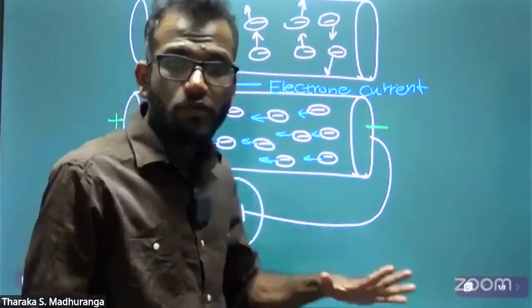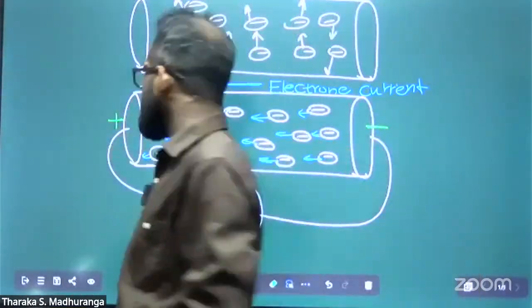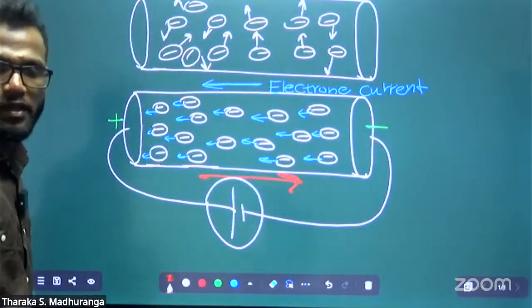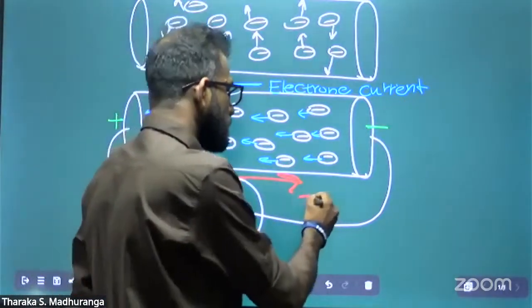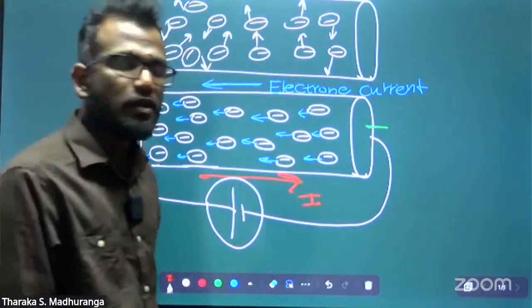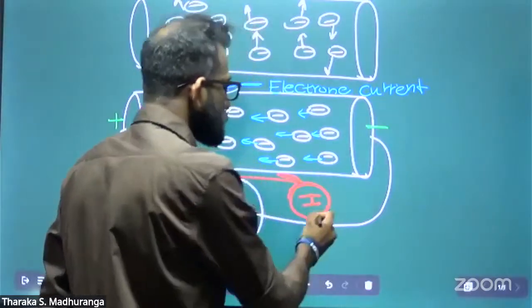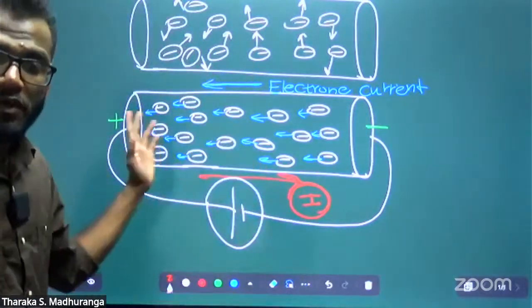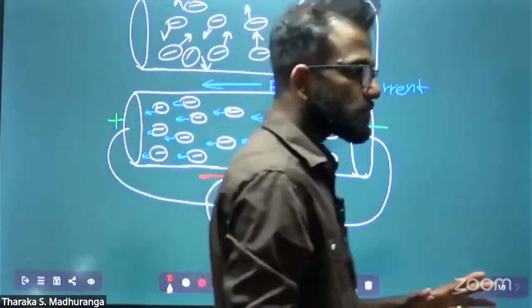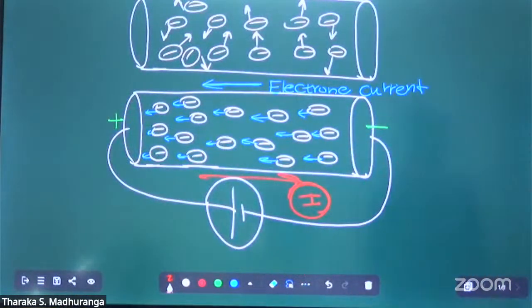It is not a true current, but the electric current is formed in the opposite direction. This is I, the electric current. The electric current is formed in the opposite direction of the electron current. I got the basic. I think you already know these things.